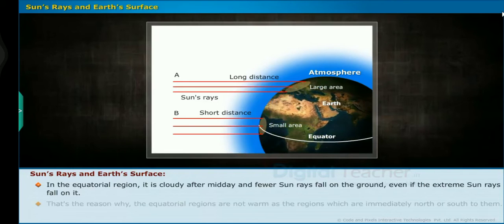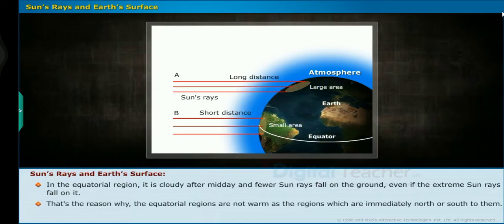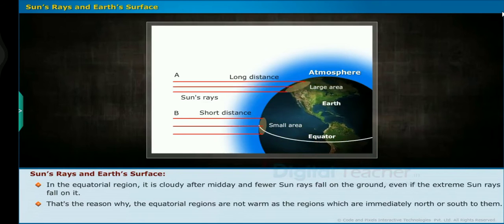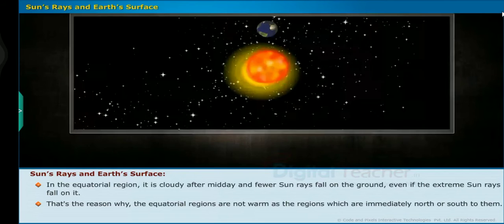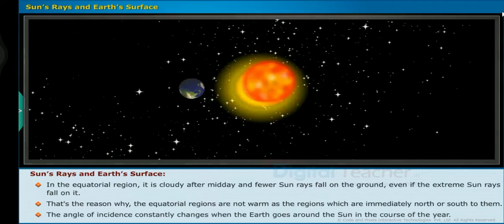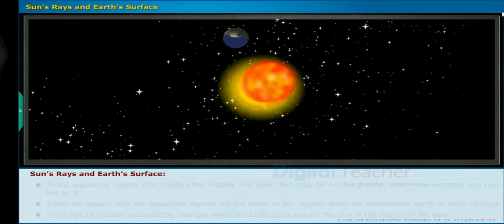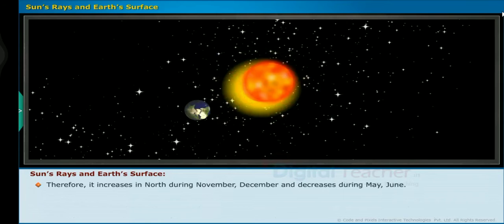That's the reason why the equatorial regions are not as warm as the regions which are immediately north or south to them. The angle of incidence constantly changes when the Earth goes round the sun in the course of the year. Therefore, it increases in north during November, December, and decreases during May, June.